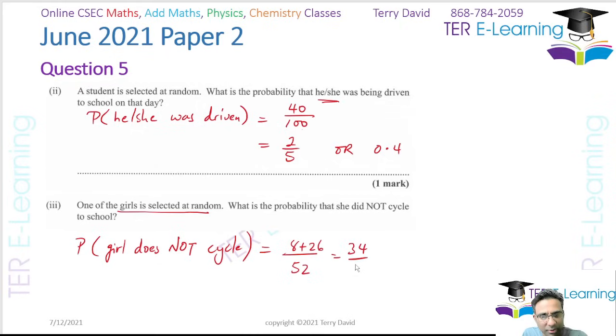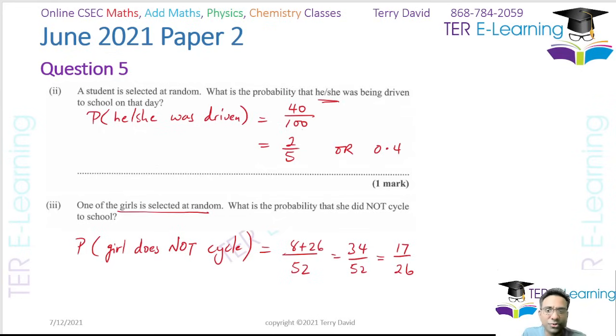So this is 34 over 52, and this could be reduced. You can write this as 17 over 26. So if you put 34 over 52, you should still get it right. 17 over 26, because you could reduce the fraction. So that takes care of question 5.